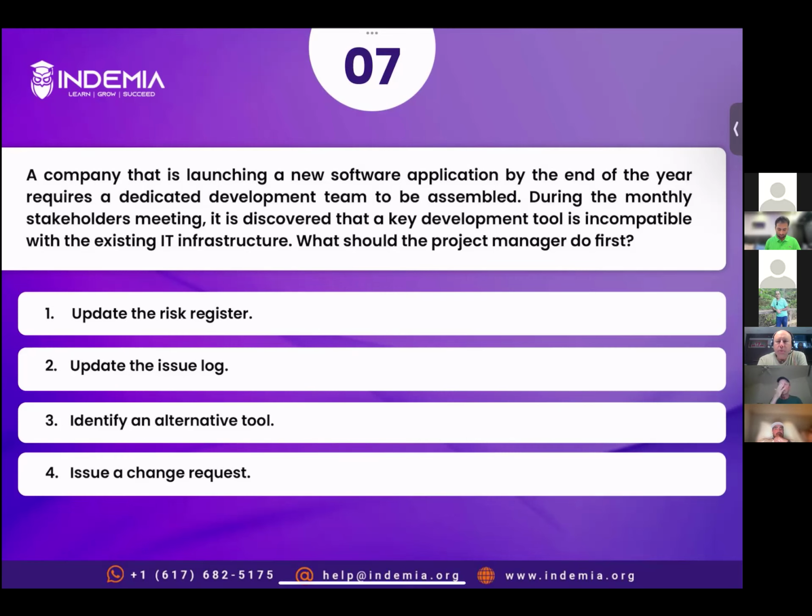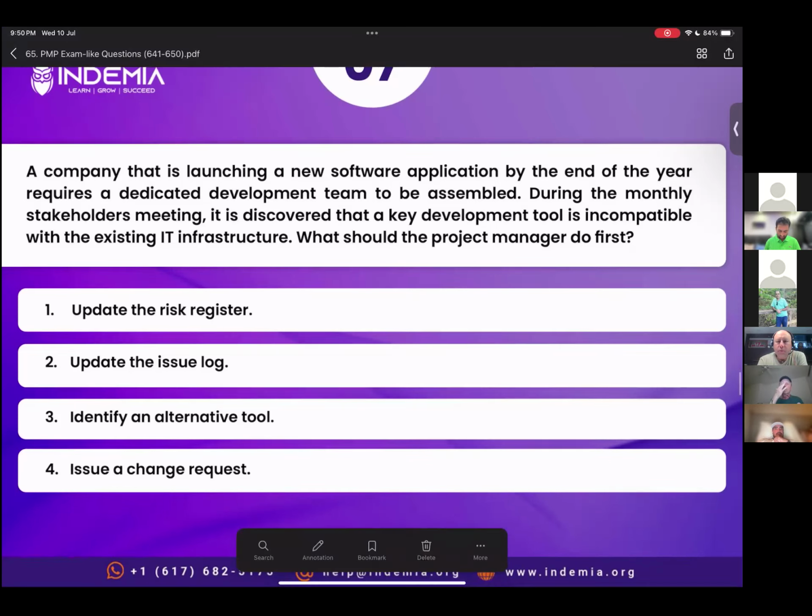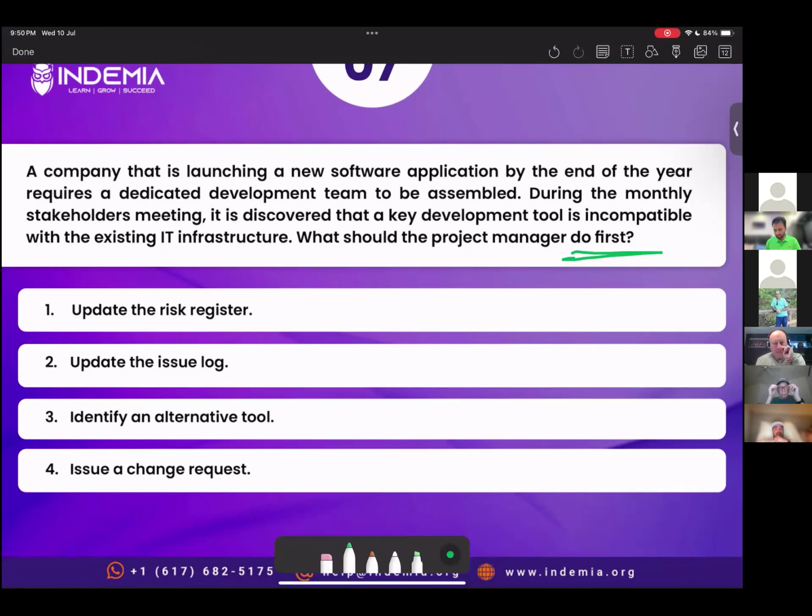So the question says, what would be the first action? That's why I said reading the last line is really, really important. So the first action is update the issue log. Once you update the issue log, then you will be doing the analysis. And after the analysis, you will come up with a different option or an alternative. And then to incorporate that alternative, you will be raising a change request. All right, let's read the explanation.